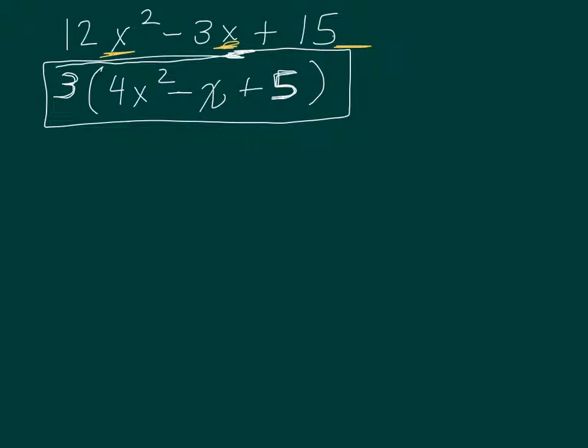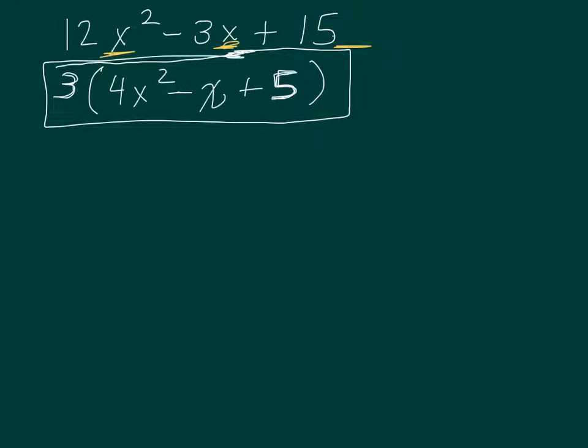Okay, what I'd like to do now is give you a chance to try some. So I'll list a couple, and I'll give you some time to work through those and see if you can find the factored form. Basically, what you can do is just pause the video and you can have all the time that you like.